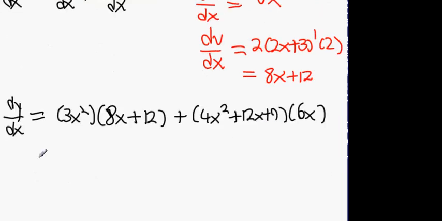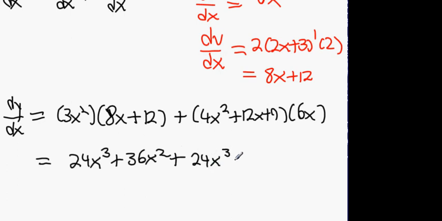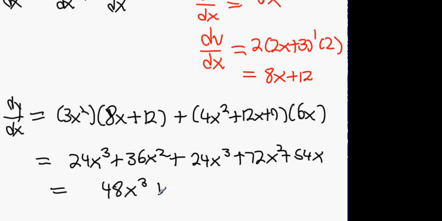Now what we're going to have here is 24x cubed, 36x squared, plus 24x cubed, plus 72x, plus 72x squared, plus 54x. Add them together, we get 48x cubed, 108x squared, and 54x. You could factorize that if you wanted, but that's a perfectly good answer for that one.